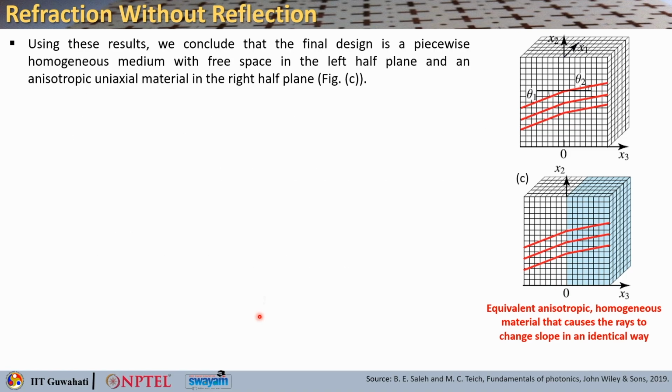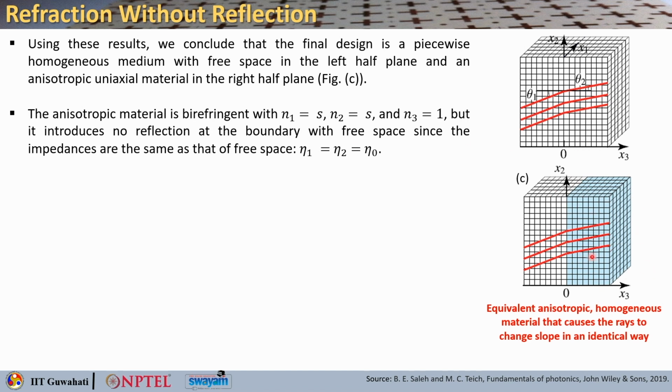So what we understood using these results is that you can conclude that the final design is basically a piecewise homogeneous medium, where you have the free space in the left half plane, and then you have an anisotropic uniaxial material on the right half plane, which is shown here. So what is the property of this material?